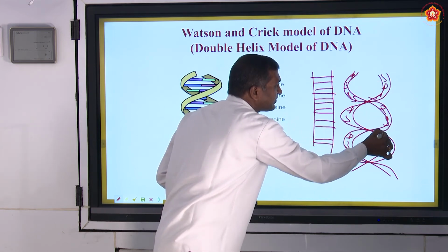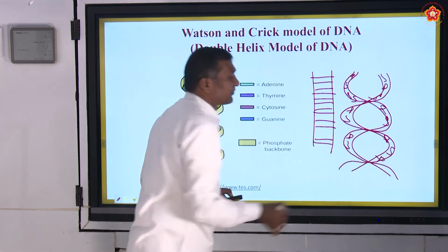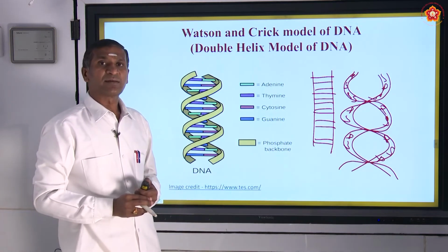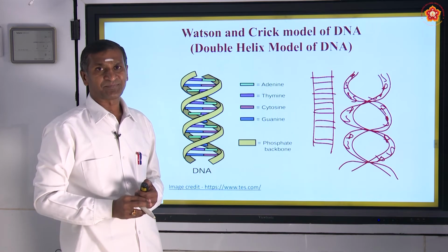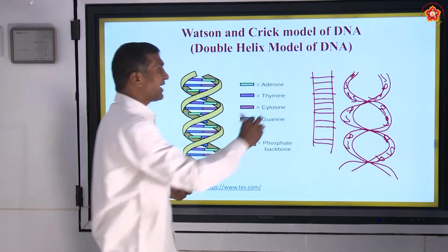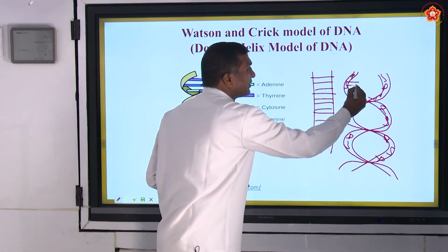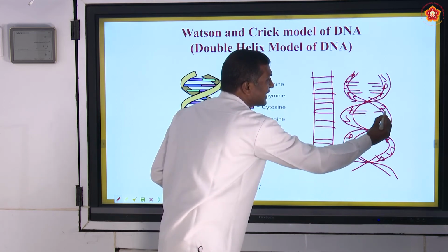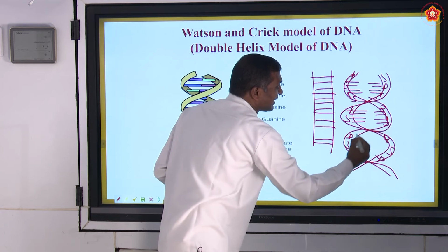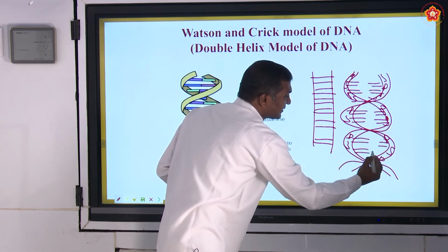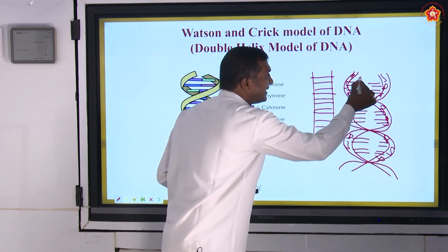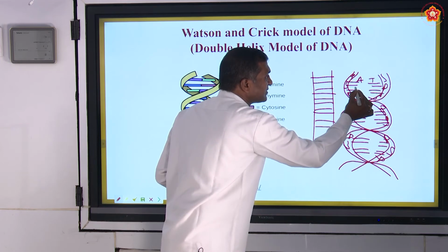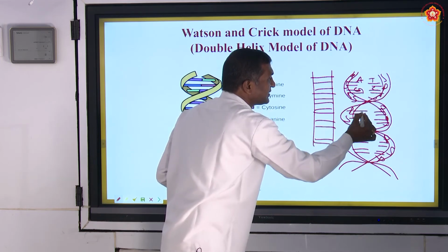Then the steps of the ladder have the nitrogen bases: adenine with thymine, guanine with cytosine.